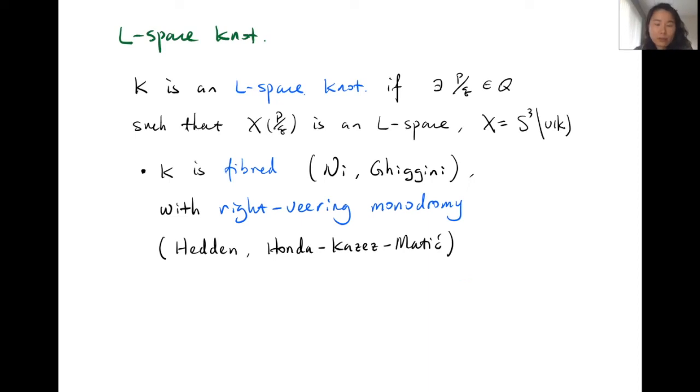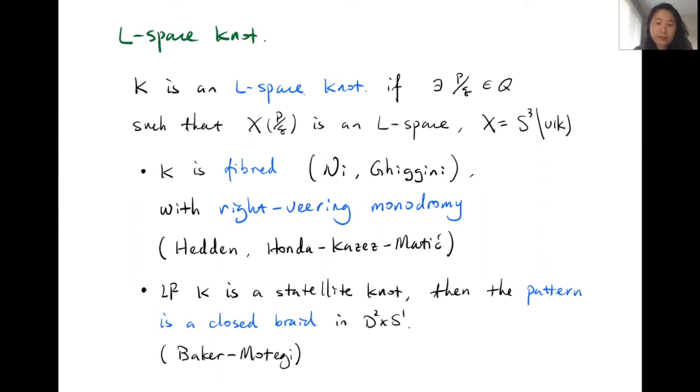So that's one property we need from L-space knots. Another is that if K is a satellite L-space knot, then the pattern of K is a closed braid in the solid torus. Later on, when I state the result, I will tell you which properties of L-space knots are used. Basically, given any knot, as long as it satisfies those properties, the same statement should hold for those knots as well.